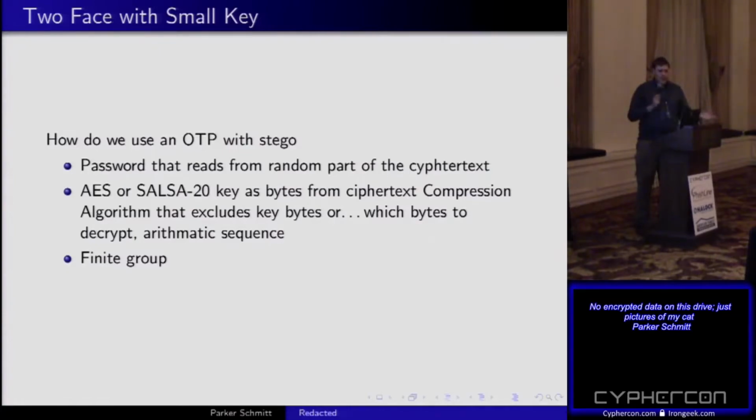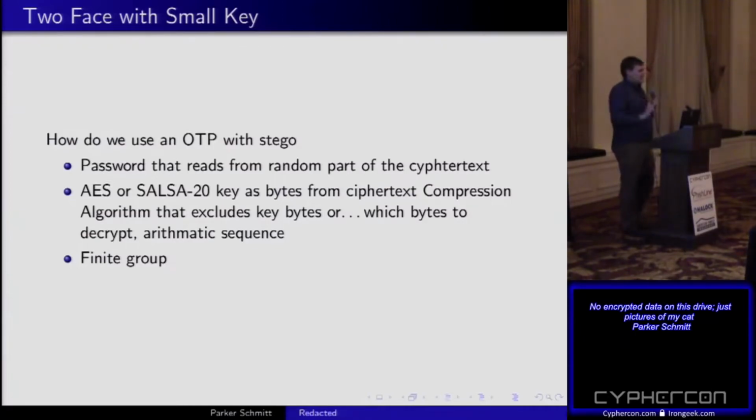But you end up taking your key and putting it in the file in random bytes. Those bytes will get discarded at the end, along with the other bytes that you don't need from the other plaintext, or the other data that you don't want, and you create an integer sequence. You create a finite group that you can go through the file, and usually a cyclic group is very computationally efficient, and you can go through parts of the file and grab the bytes you need from each cipher, and grab the key from different parts of the file.